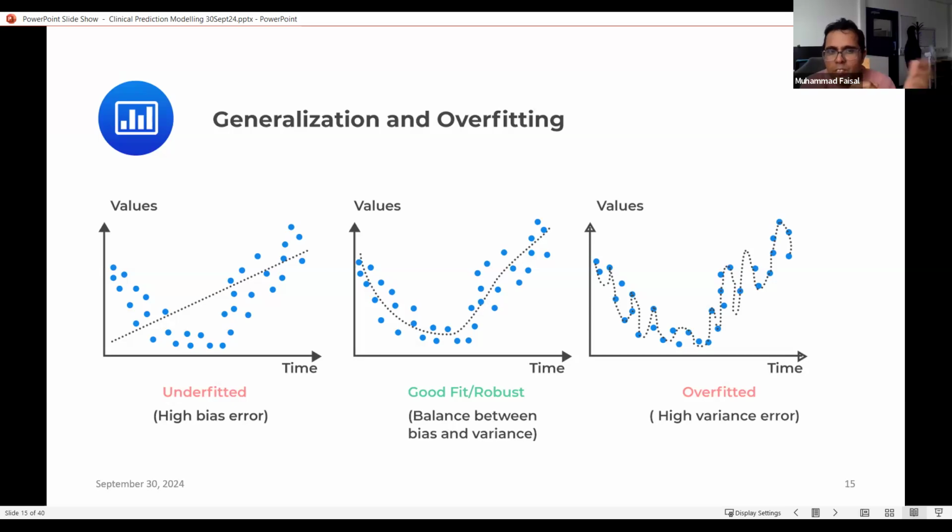But if it's on the left-hand side, it could be an underfit. It's not really representing anything about those data. And on the right-hand side, it might be overfitting or exaggerating the situation. That's what we call overfitting. So when we develop this model, we would like to avoid the left-hand side and the right-hand side. We'd like to be in the middle. We don't want to add too much information, or we will go to overfitting or underfitting.